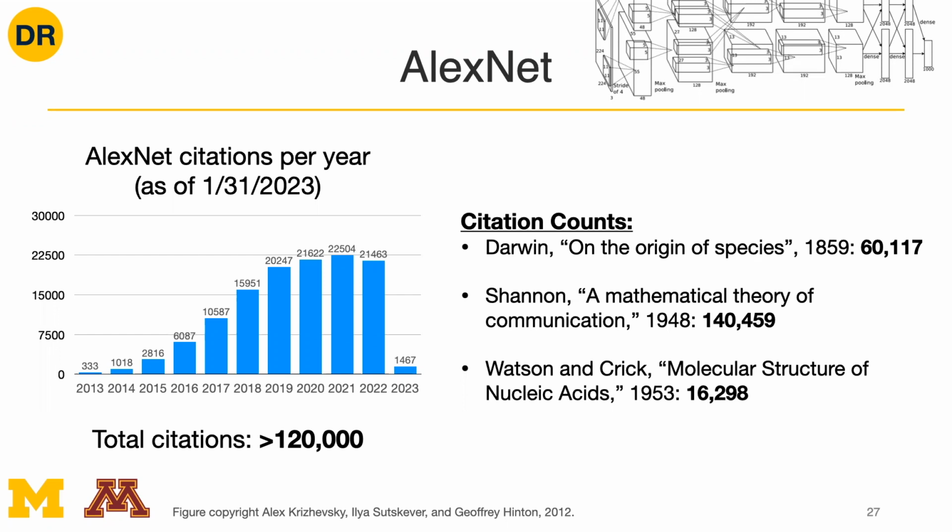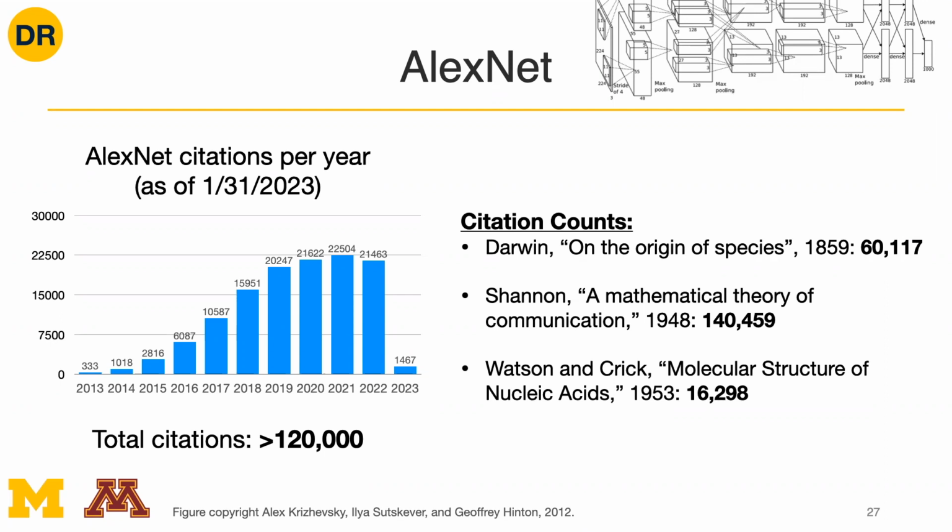To give a sense of what is a good number here, let's look at some seminal works in other spaces. Darwin's paper, which came out in 1859, has 60,000 citations. Shannon's theory of communication, which came out in 1948, has 140,000 citations. So AlexNet is getting closer. And the other one, on molecular structure, which was published in 1953, has 16,000 citations.